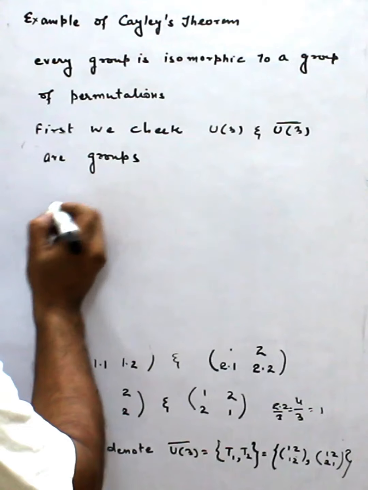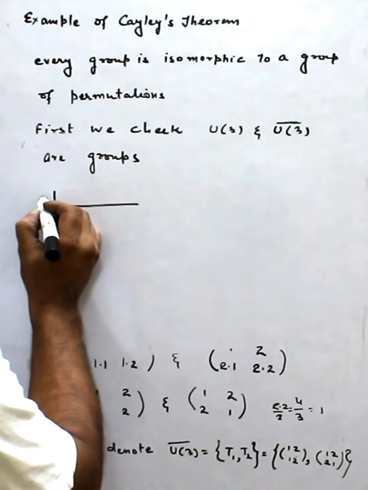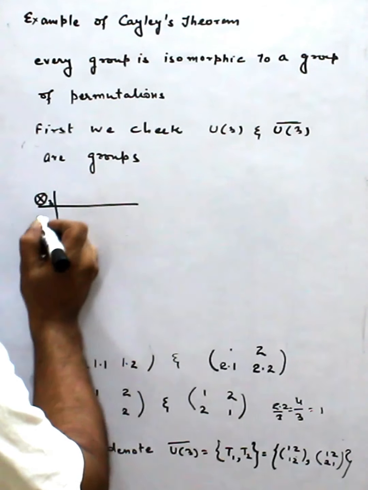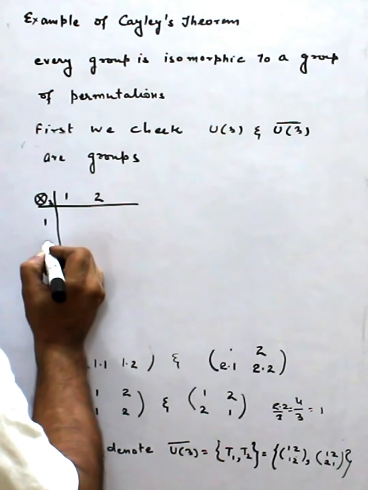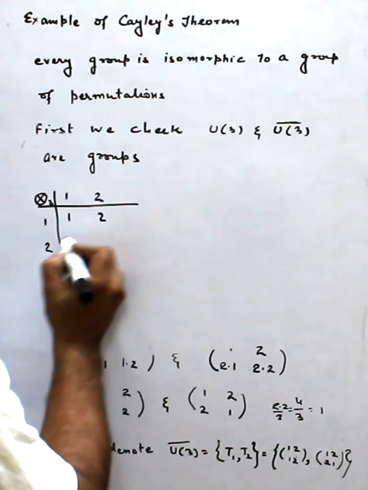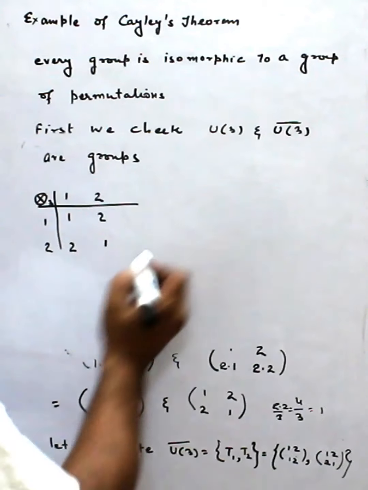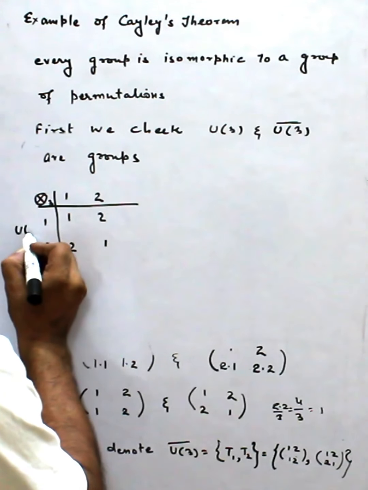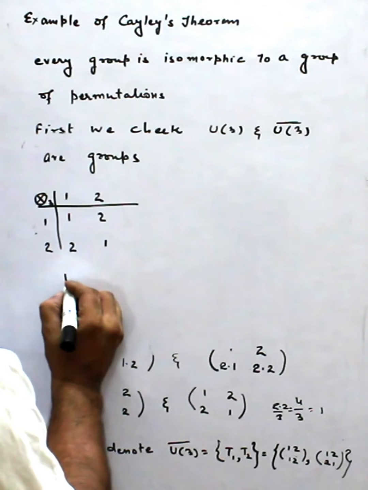How? Just by the Cayley table we can clearly see. Here the operation is multiplication modulo 3 and the elements are 1 2, 1 2. Obviously 1, this is 2, this is 2, and 2 into 2 is 4, this is 1. And we are taking U3, so this is actually U3.